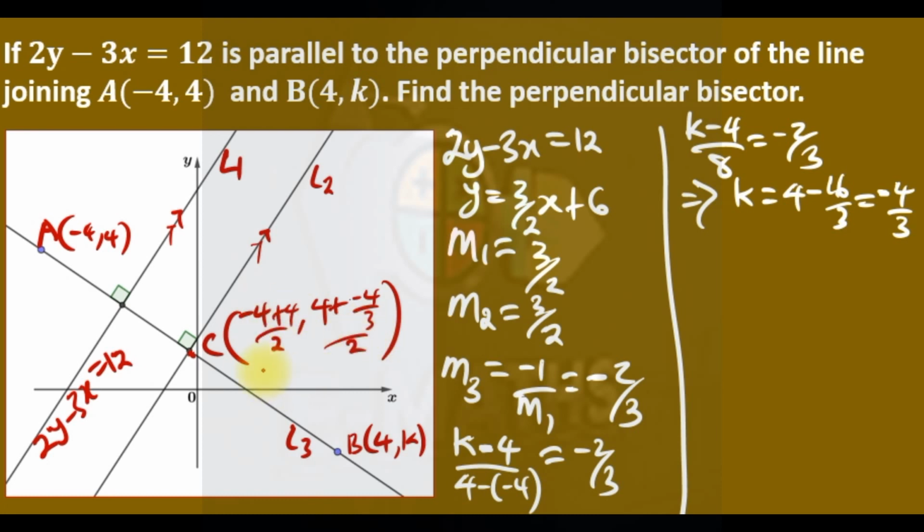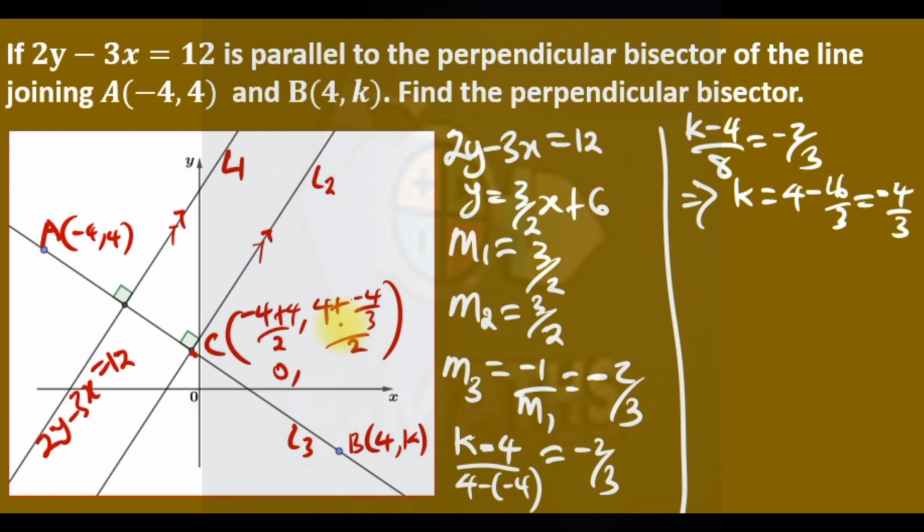This is 0, and 4 minus 4 over 3 is 8 over 3, over 2, is now 8 over 6. So that's the coordinates of the midpoint C.